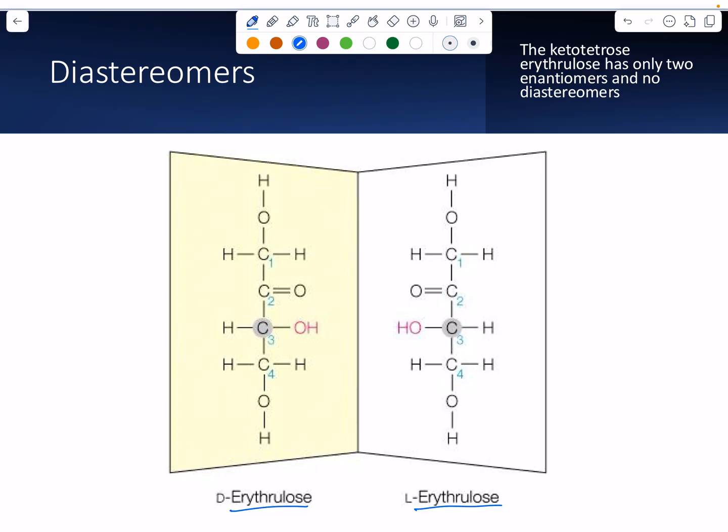We have a stereocenter here at carbon 3, so we don't have different common names, we just have our D and our L. If we had another stereocenter, then we would have the designation of D or L, and then two different common names.